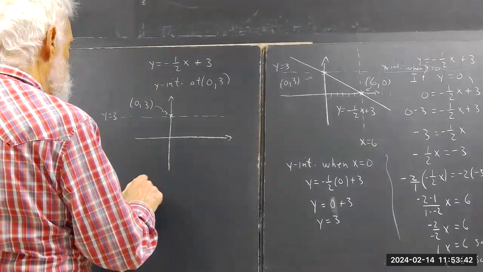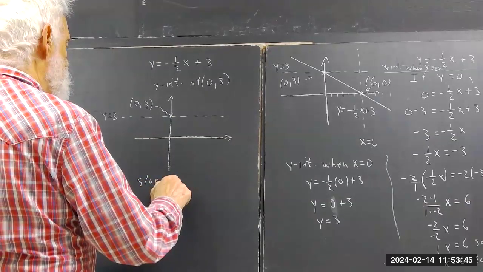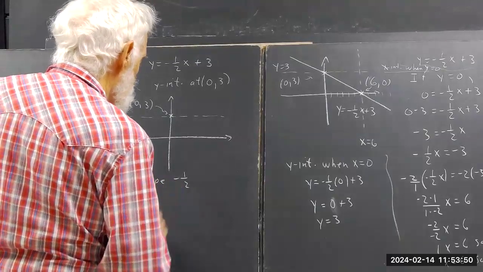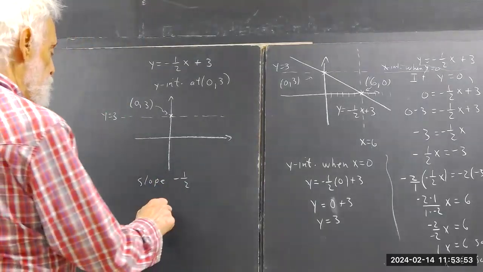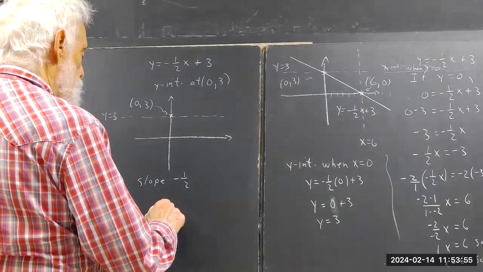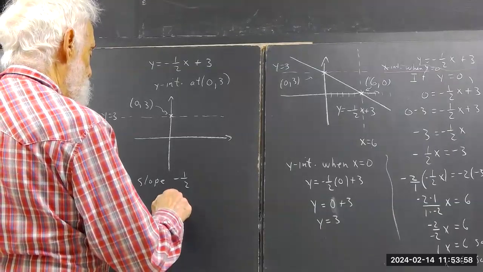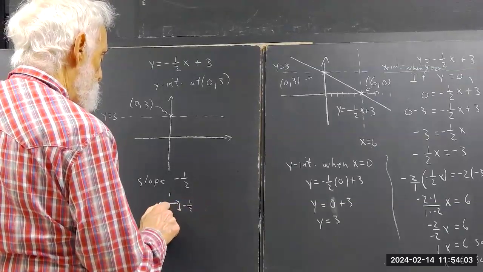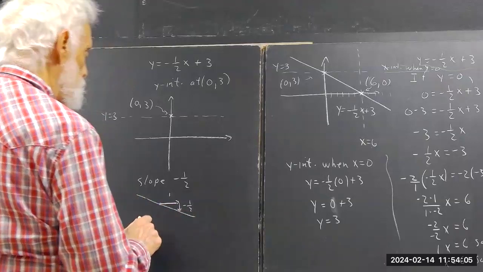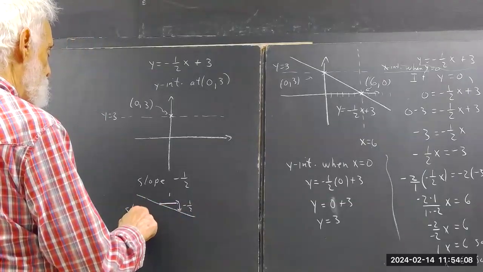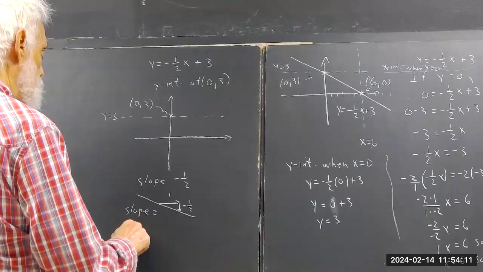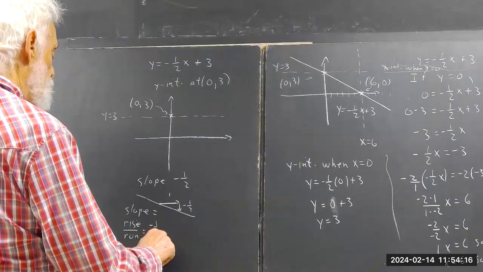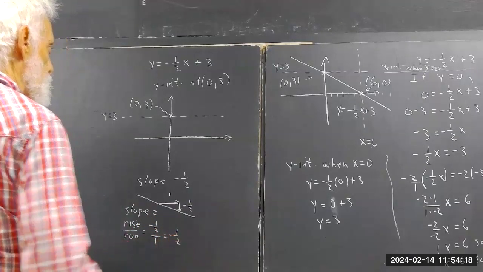Now, the slope is -1/2. Okay, what does the slope of -1/2 look like? I'm going to draw a triangle here. If we go over 1 unit, we've got to go down 1/2 of a unit. Okay.